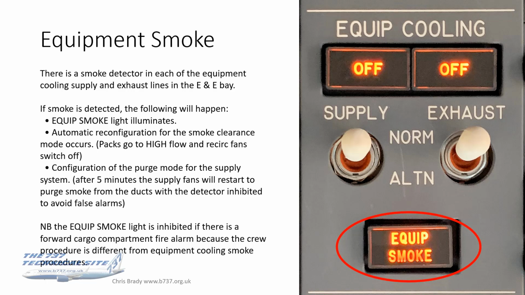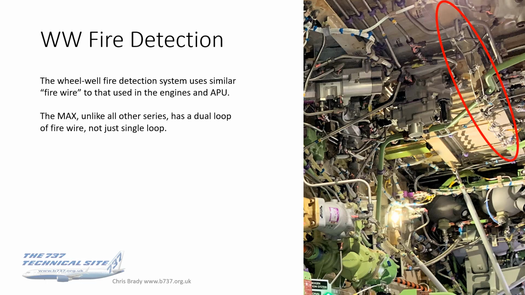So rather than, I guess, confuse us or set us off doing the wrong thing, Boeing in their wisdom have decided the important one is the cargo compartment, and it will inhibit the equipment smoke. Right. So there we go. Significant improvement.